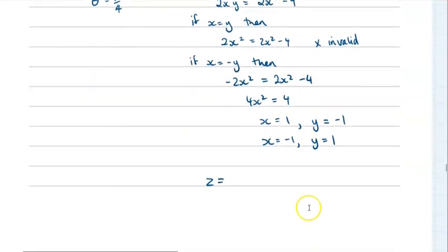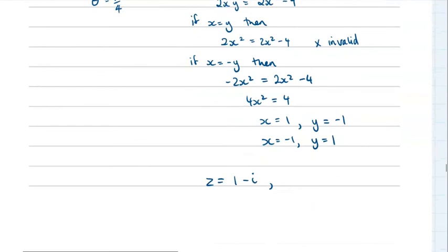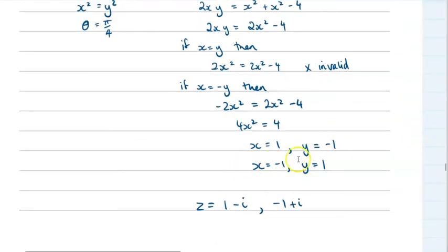So there are two possible solutions. So z being x plus iy, if x was 1, then y was minus 1, so that gives us 1 minus i. And if x is minus 1, y is plus 1, so that gives us minus 1 plus i by substituting it back into that z equals x plus iy.